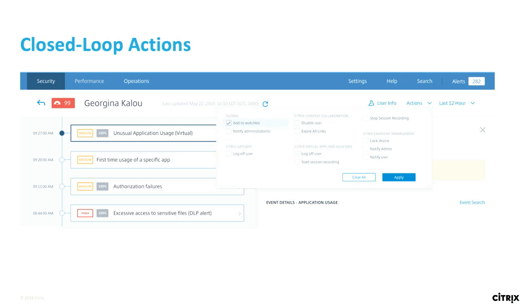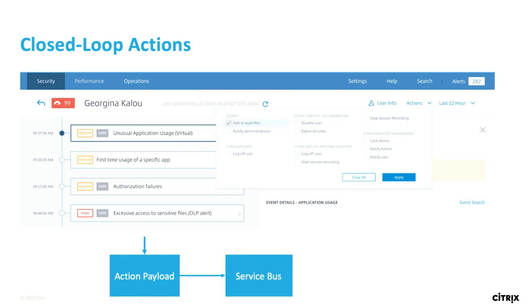So I pick Add to Watch List and I click Apply. When I click Apply, what really happens is an action payload is created. So that action payload is created and put on a service bus. Now, all of Citrix Analytics runs on Azure, so the service bus is just another Azure component. We create the payload, put it on the service bus, and the Citrix products pull the action payload from the service bus. They've been configured to do so.